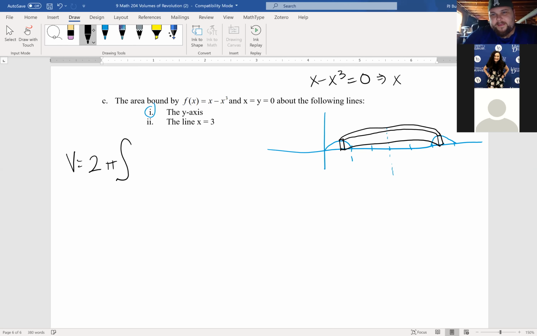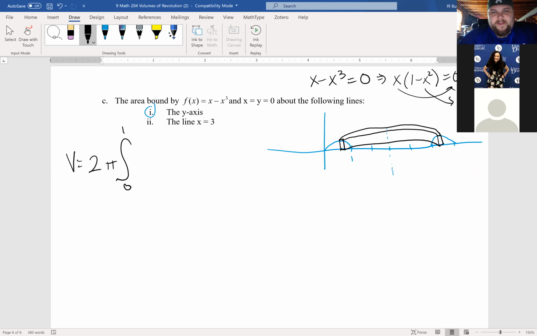I can factor out an x here. That tells me x equals 0 is one of them. This one's going to tell me that x is plus and minus 1, right? Well, clearly I only need plus 1. So I go 0 to 1 for my bounds.